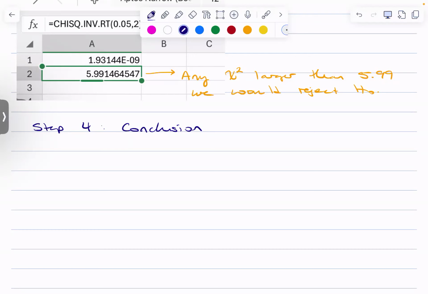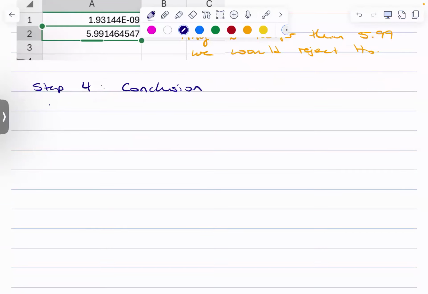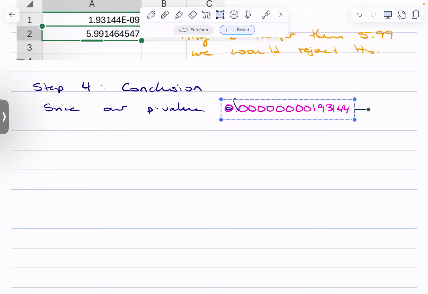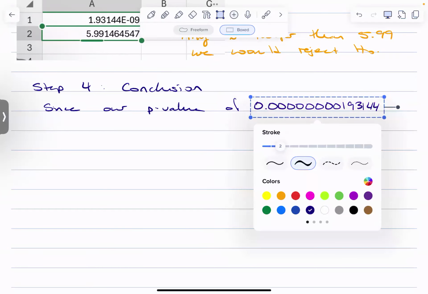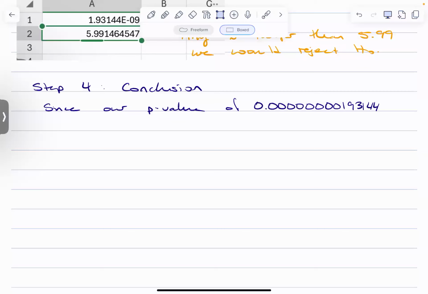And so let's see here, your conclusion. Since our p-value of, I wonder if it's still in there, paste, make it blue. There, like nothing ever happened. All right, tell me what it is. You worked hard to get that number. I'll give you the Excel output on the front page again, but you still have to know which one to grab.